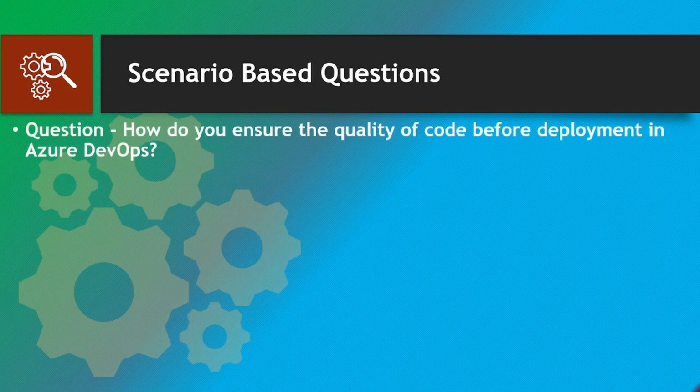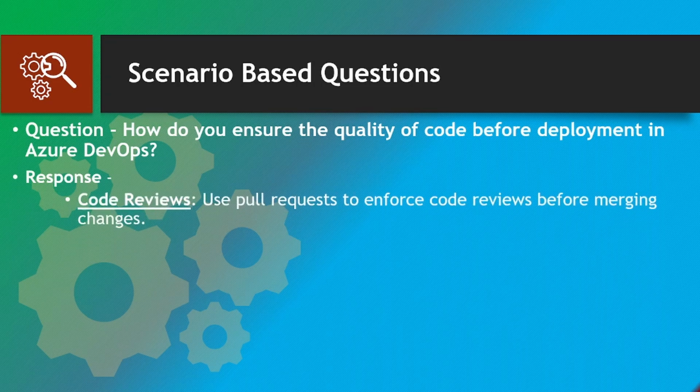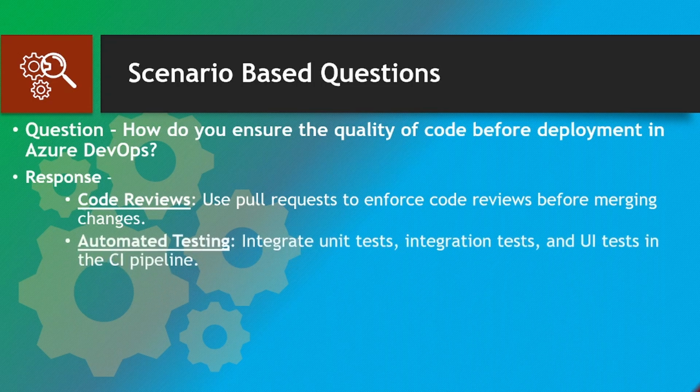How do you ensure the quality of code before deployment in Azure DevOps? Code review. Use pull requests to enforce code reviews before merging changes. Automated testing. Integrate unit tests, integration tests, and UI tests in the CI pipelines.